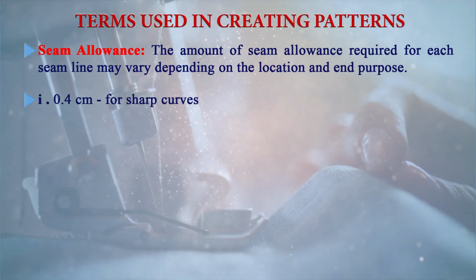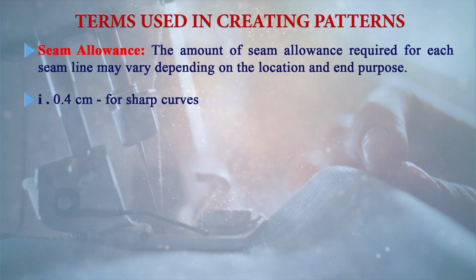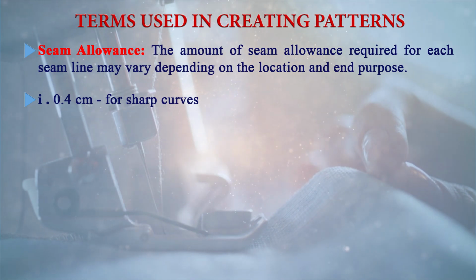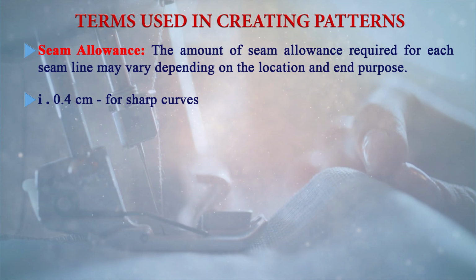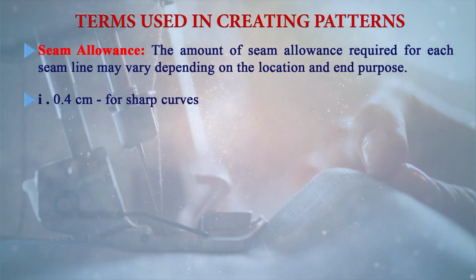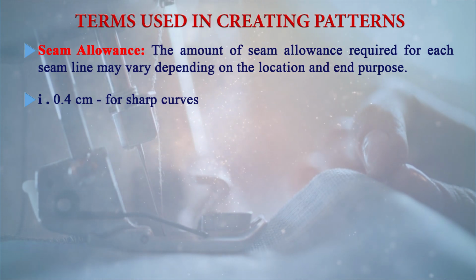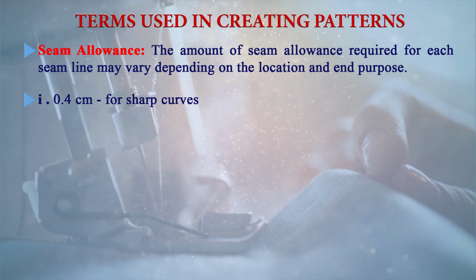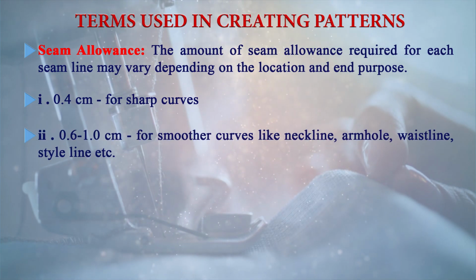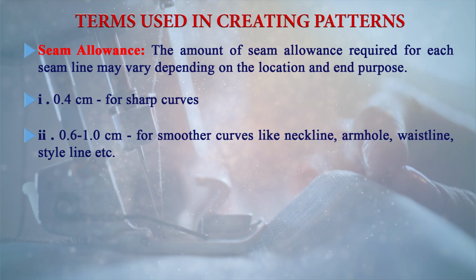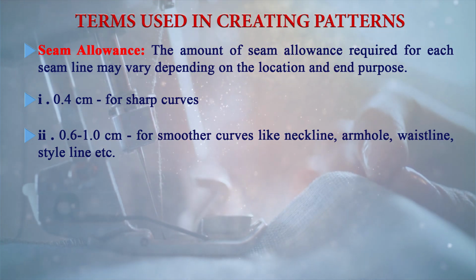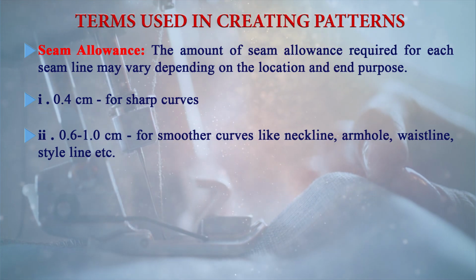For parts like sharp curves on the garment or pattern, like the armhole's sharp curves, we generally use 0.4 centimeter of seam allowance. Then for smoother curves like neckline, armhole, waistline, style lines, etc., we use 0.6 to 1.0 centimeter of seam allowance.